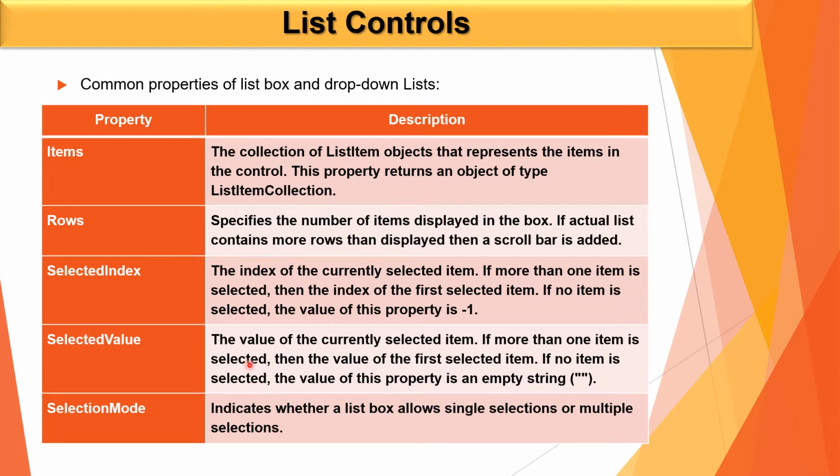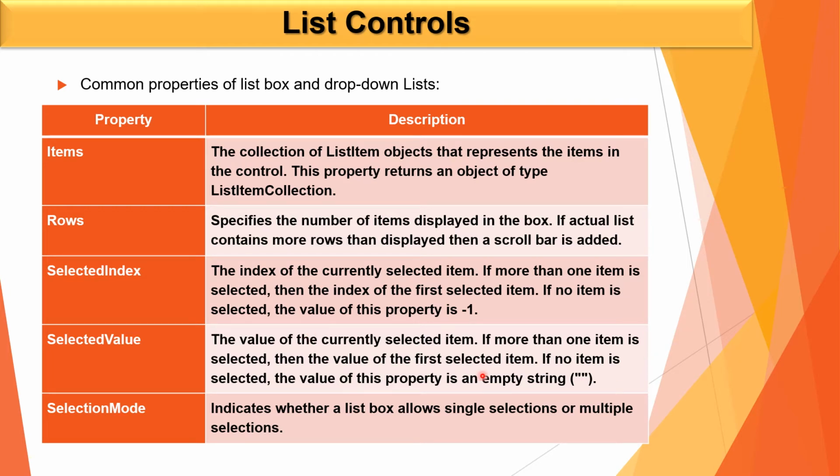Then SelectedValue, the value of the currently selected item. These items are held in an array, which shows the items from index 0.